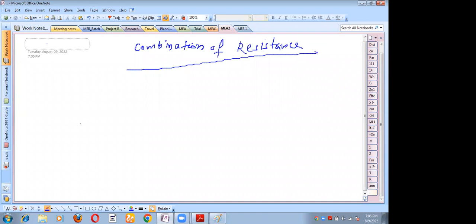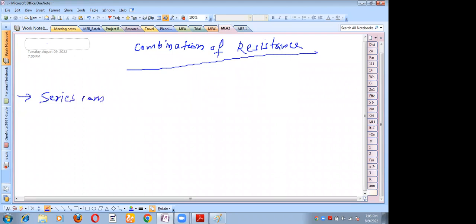So we all know there are basically three types of combination. One is series combination. What happens in series combination? We know that resistors connected end to end are called in series, like R1, R2, R3, and so on.